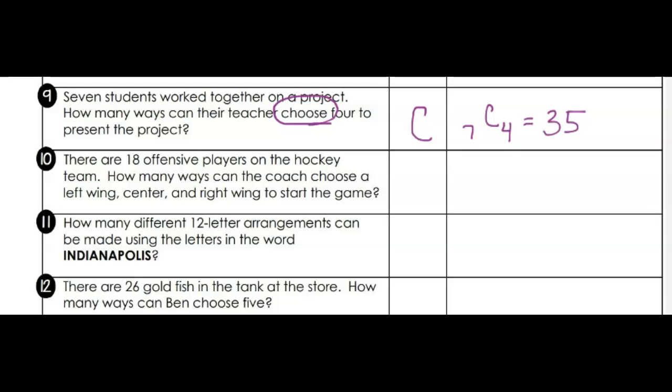The next question has to do with some offensive hockey players on a team. The coach wants to choose specific positions: the left wing, the center, and the right wing. Because those positions are specific, you play the left side, the right side, whatever, this is going to be a permutation.